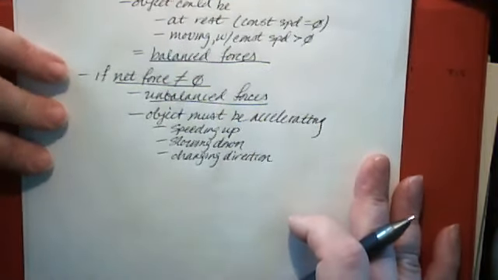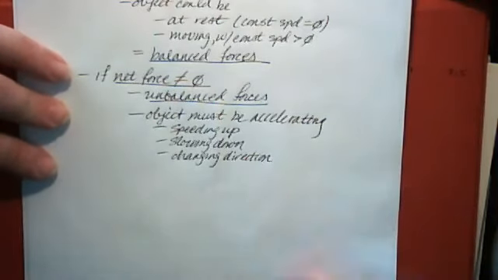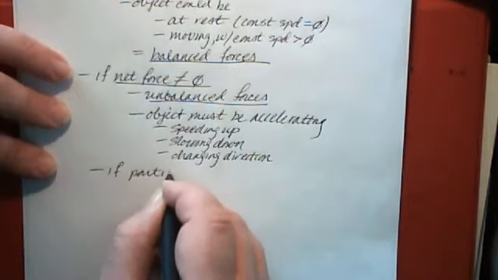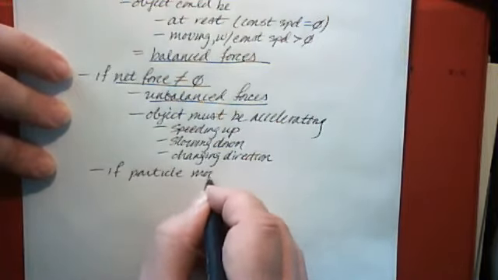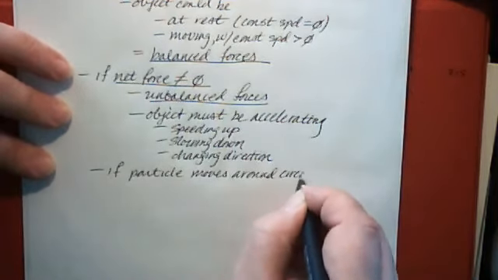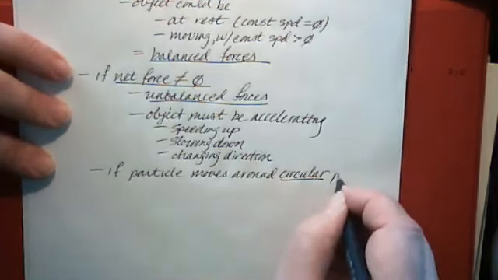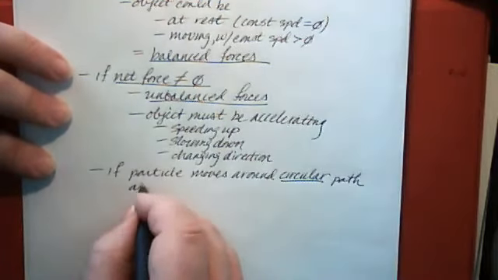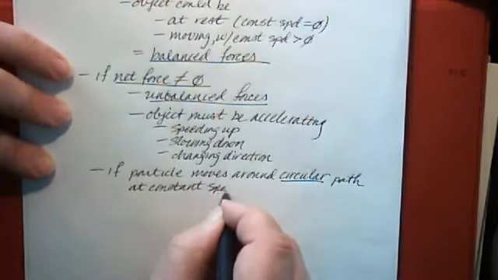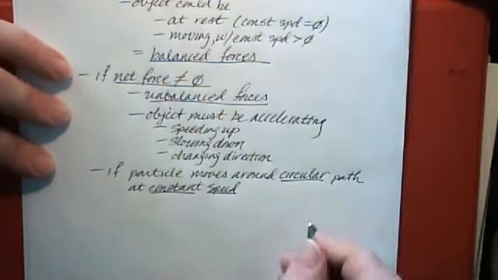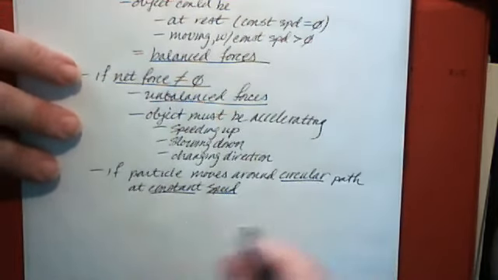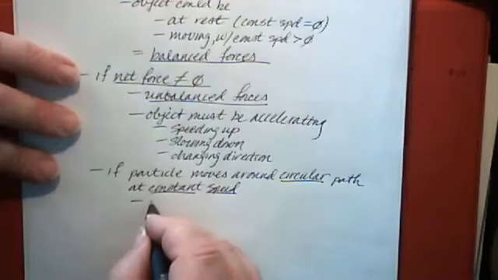Okay. If a particle is moving at a constant speed as it moves around a circular path, so if it's going around a circular path at constant speed, the forces are unbalanced.